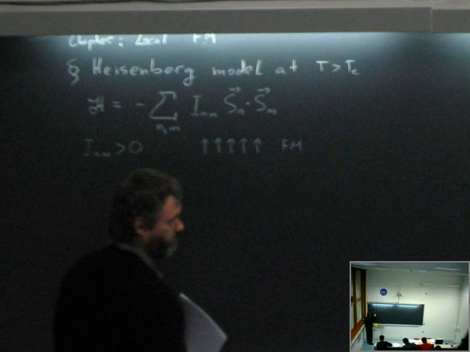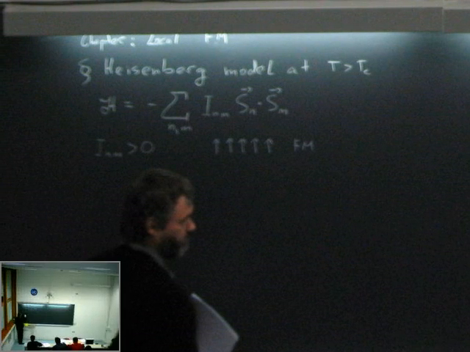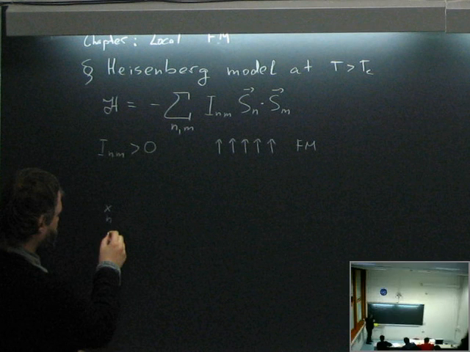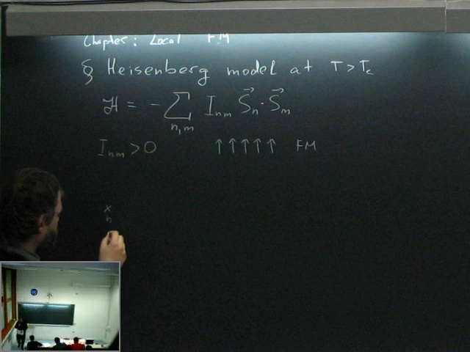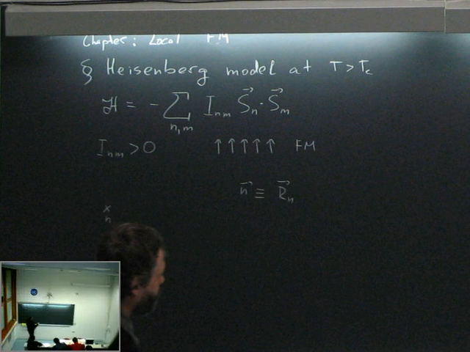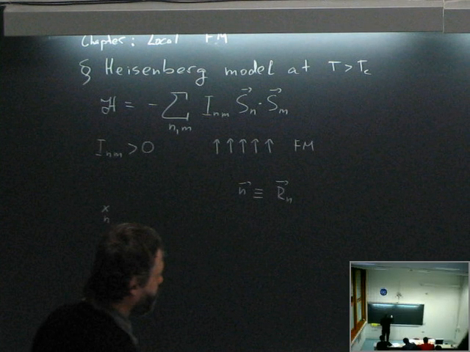For notations, suppose we have a given spin n equal to n0. So we fixed n, and of course fixing n means that we fixed R_n, the radius vector which connects the origin with a given lattice site.